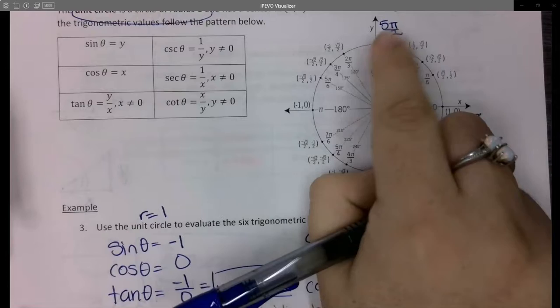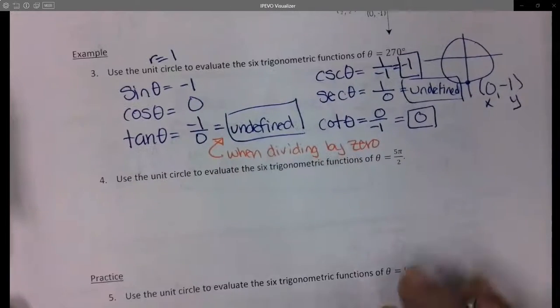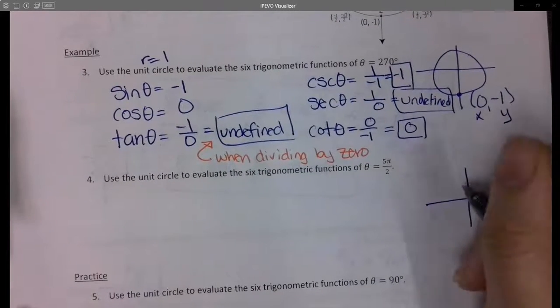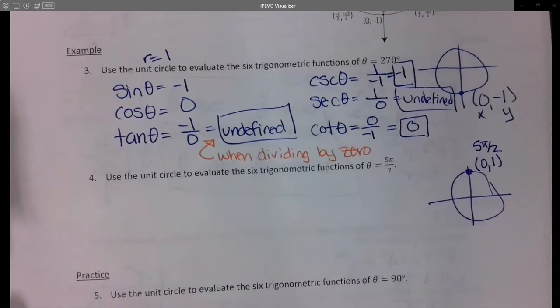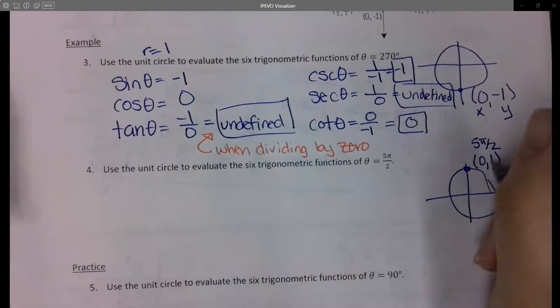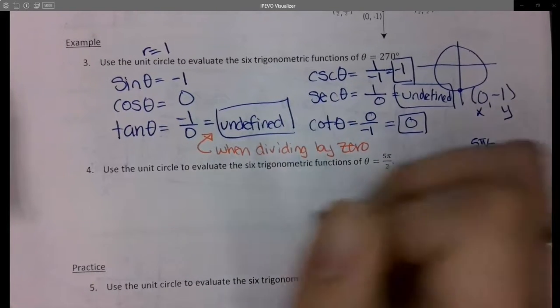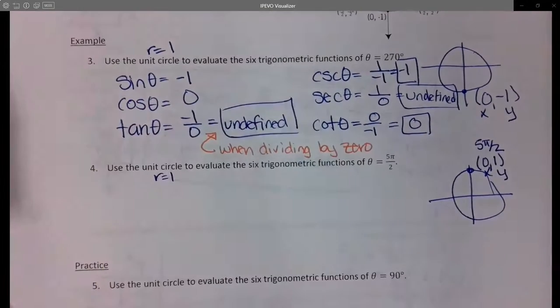So this is the coordinate point I care about. This is my x, this is my y. Because it's a unit circle, my radius is 1.